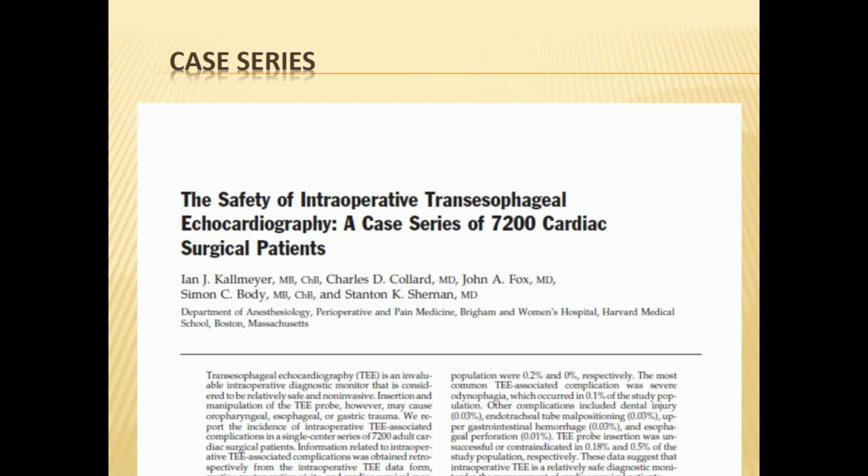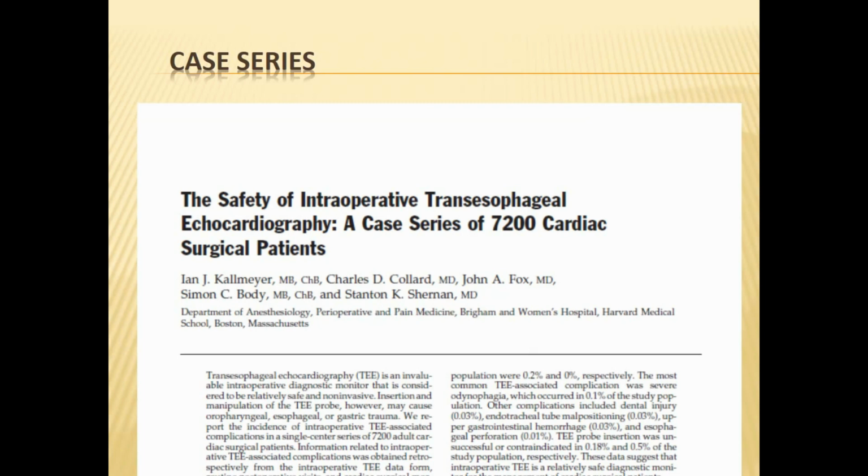They took these 7,200 cardiac surgical patients who all got echocardiography, and they purely just looked at how often complications and side effects happened. So in 5% of cases this happened, 2% of cases that happened, and they just left it there. That was the only aim of the study. So that's another interesting application of case series, that it can be used to describe specific things, like in this case the safety profile of an intervention.